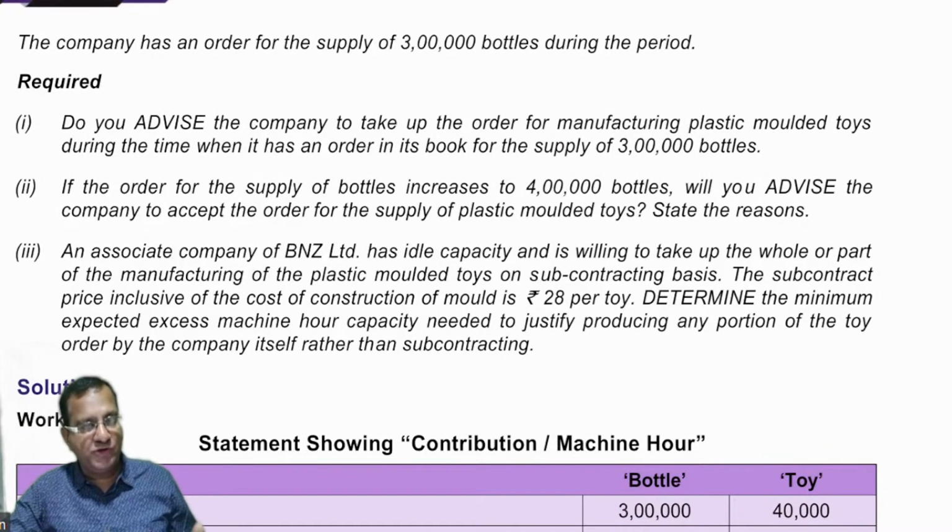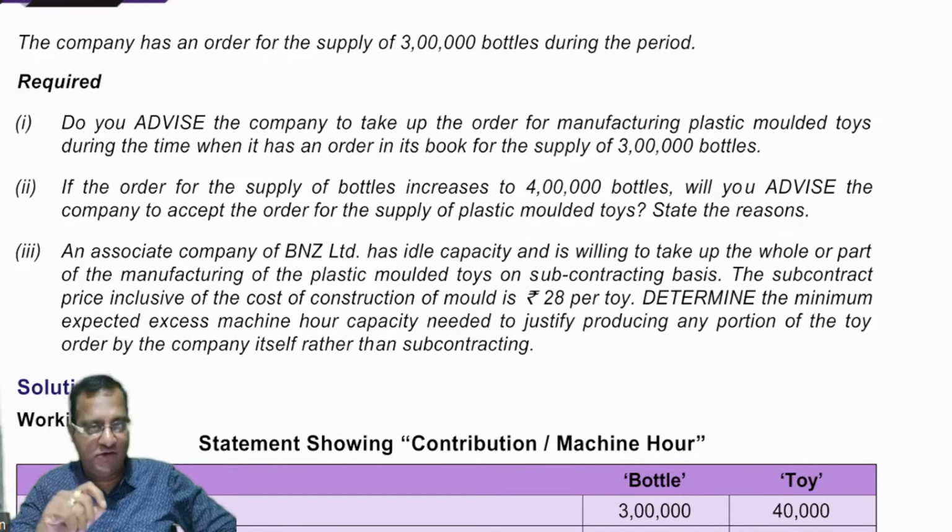If we reduce the supply of labor hours to our existing product, definitely it will create some opportunity cost. Then we will check whether after creation of opportunity cost, it is still beneficial for us to accept the toy order.